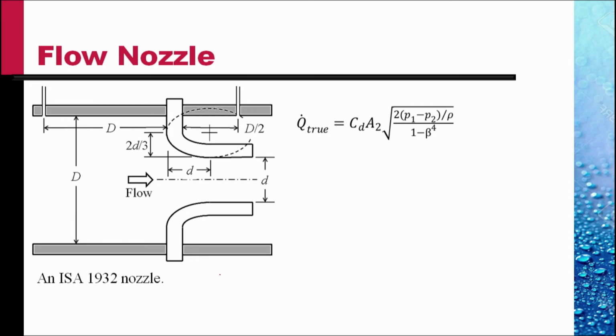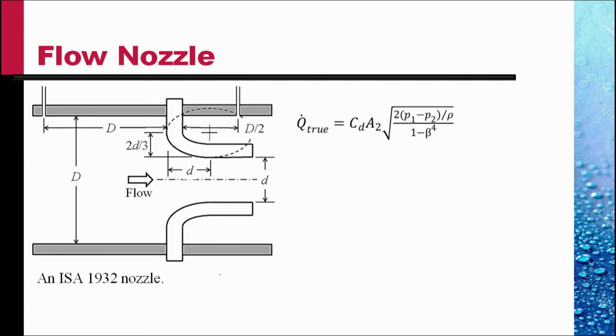It causes an obstruction in the flow which reduces the cross-sectional area and increases the velocity. Application of the Bernoulli equation would then give a decreased pressure, and we get the same equation for the volume flow rate as we got for an orifice meter. Q dot is Cd A2 times the root of twice delta P by rho divided by 1 minus beta raised to power 4.